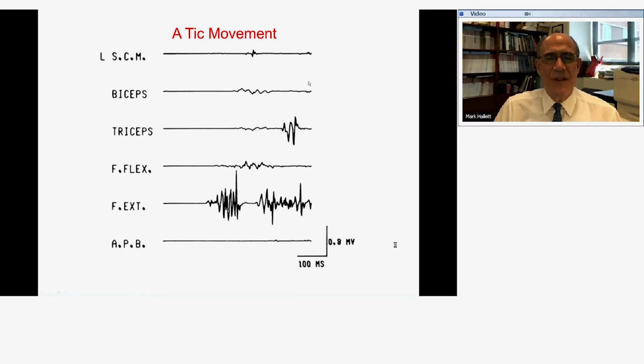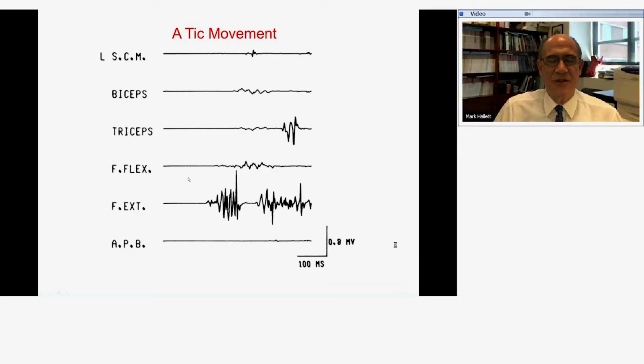Let me show you another situation. This is a tic movement in a patient that had Tourette's syndrome. This is looking at a series of muscles, mostly in the right arm, but also the left arm, and the left sternocleidomastoid muscle. And you can see that this pattern is a ballistic pattern.